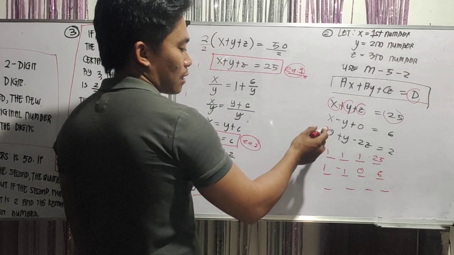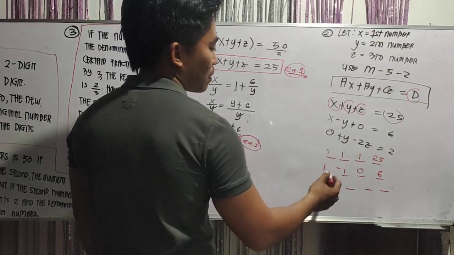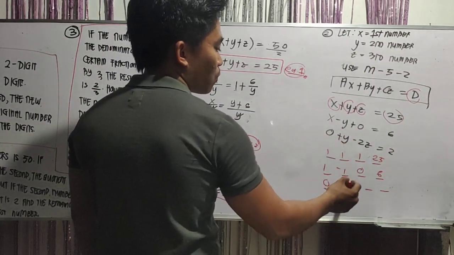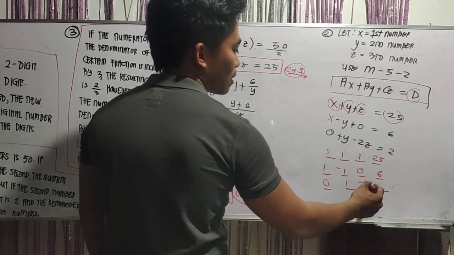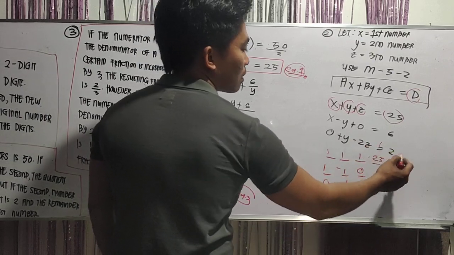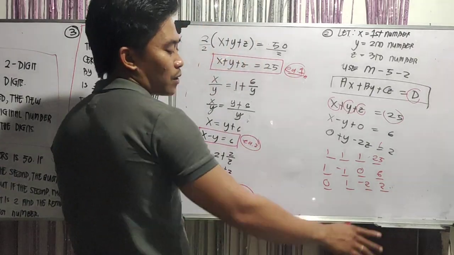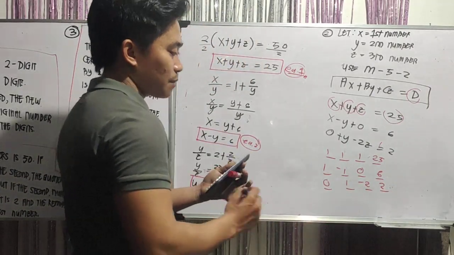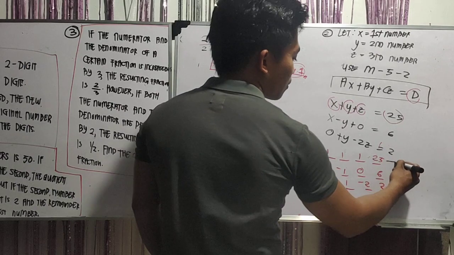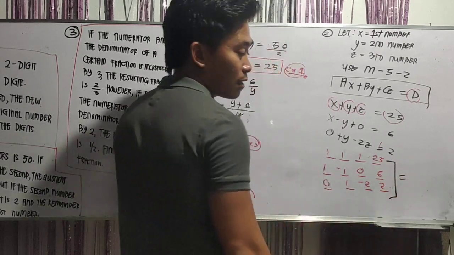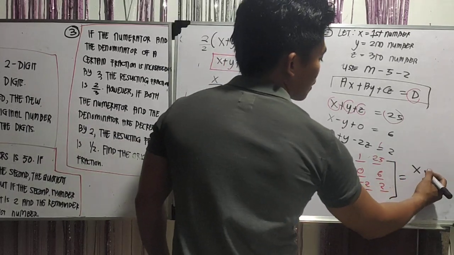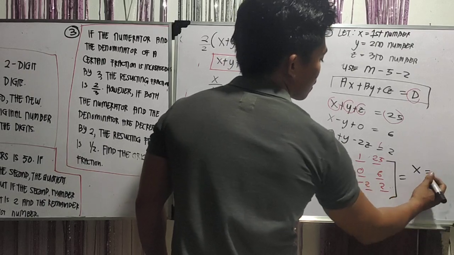And lastly, for that last equation, yung x mo is 0, y mo is 1, z mo is negative 2, and the constant term is 2. Once na input mo na yan, pindutin mo ngayon si equals. It will give you the first value of x.